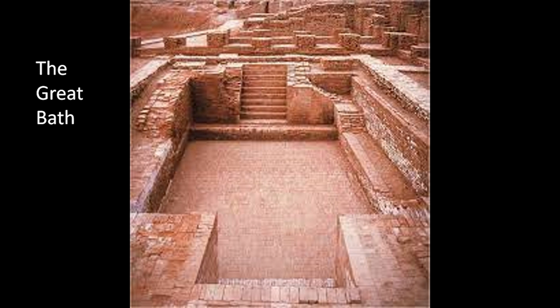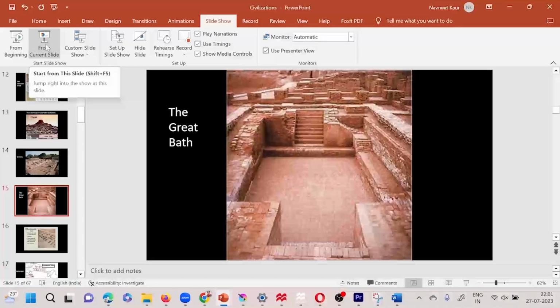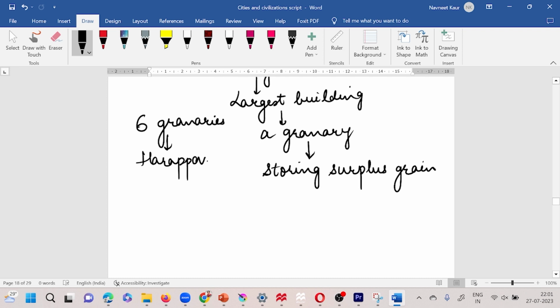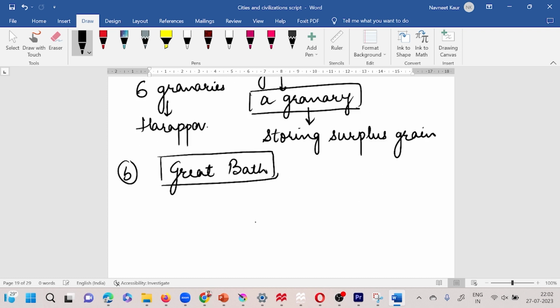This is another well-known structure at Mohenjo-daro, which is called the Great Bath. As you can see, it is a rectangular structure and it resembles a swimming pool. People used it for religious purposes. The Great Bath was also located at Mohenjo-daro.